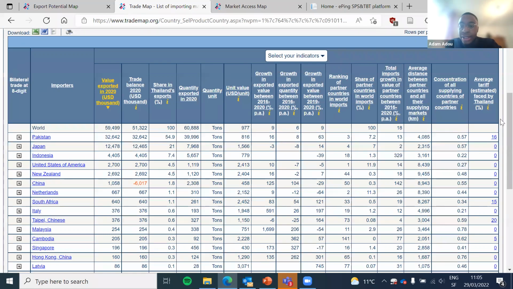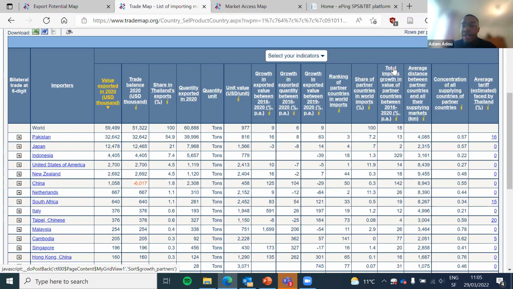And what is important for your trade analysis, what you can take a look at, is this indicator that we call market concentration, which is based on the Herfindahl index. This gives you, for each market listed, the concentration of supplying countries in the partner country. What does it mean exactly?